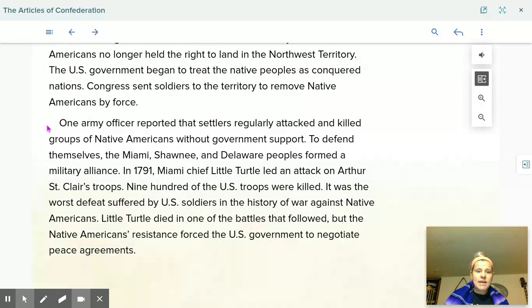In 1791, Miami chief Little Turtle led an attack on Arthur St. Clair's troops. 900 of the U.S. troops were killed. It was the worst defeat suffered by U.S. soldiers in the history of war against Native Americans. Little Turtle died in one of the battles that followed, but the Native Americans' resistance forced the U.S. government to negotiate peace agreements.